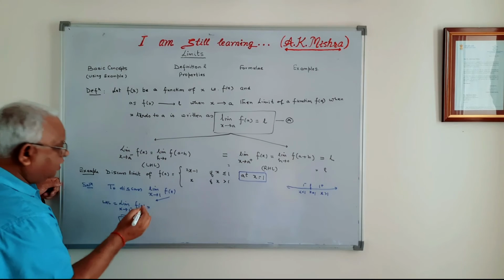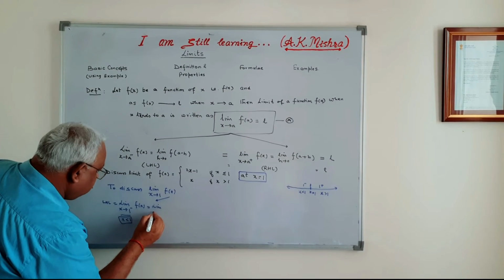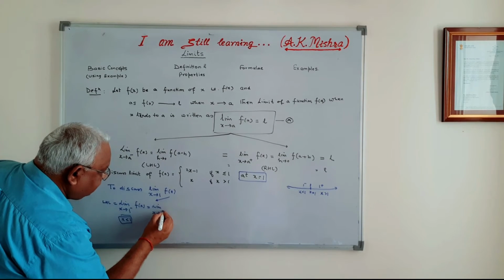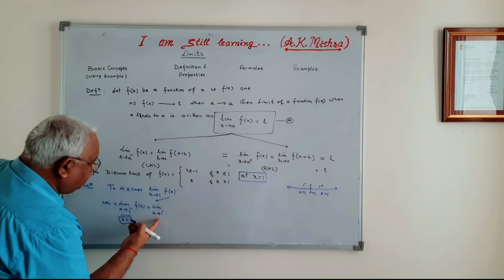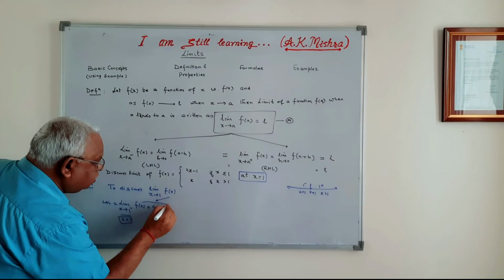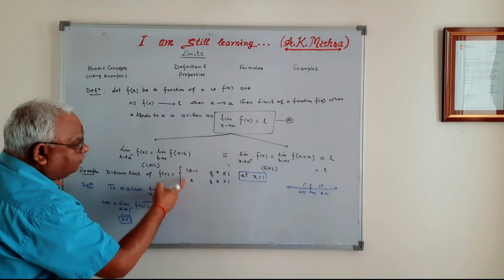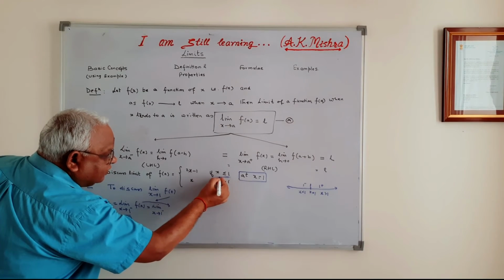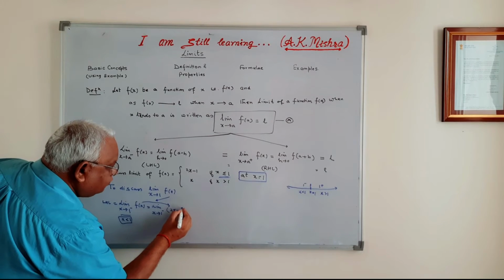So according to the definition, limit x tending to 1 minus f(x). How is the function defined towards left of 1? You have to understand from here. If you look at this, this is x less than 1. So this will be 2x minus 1.